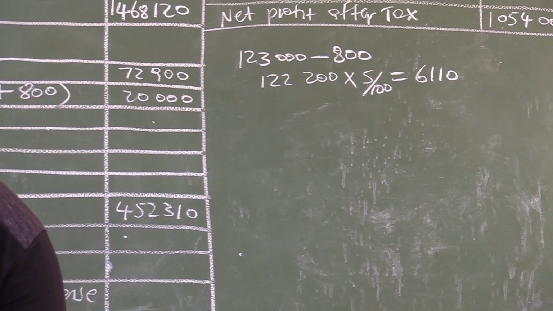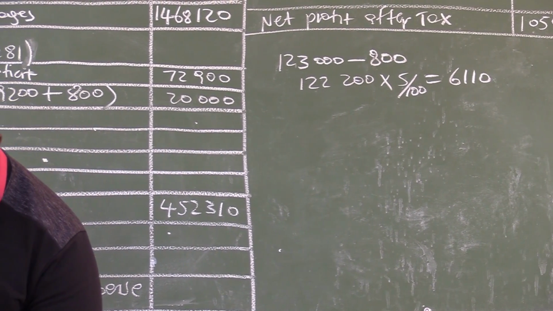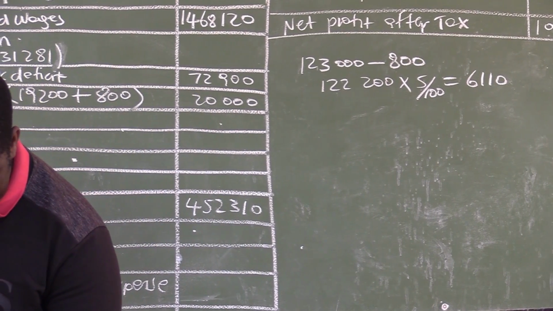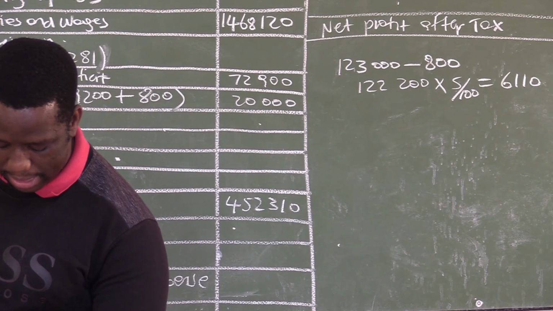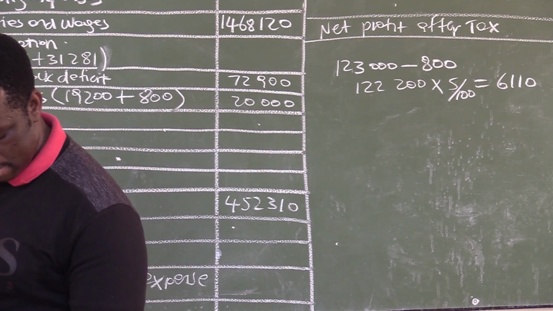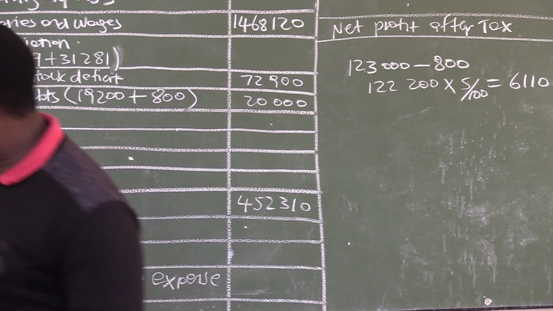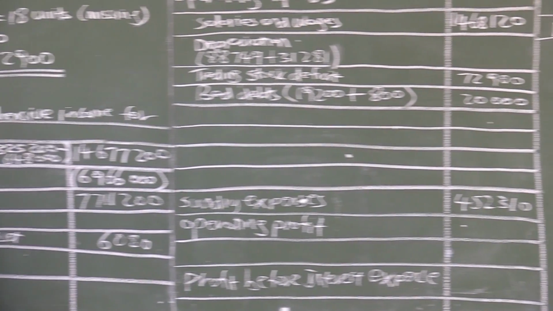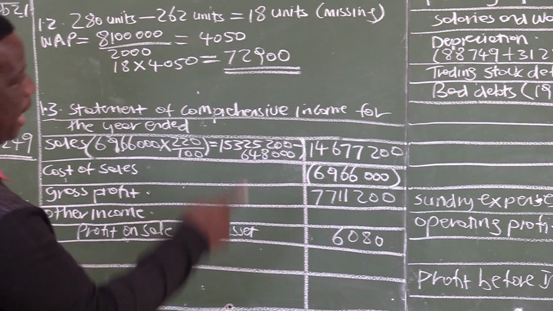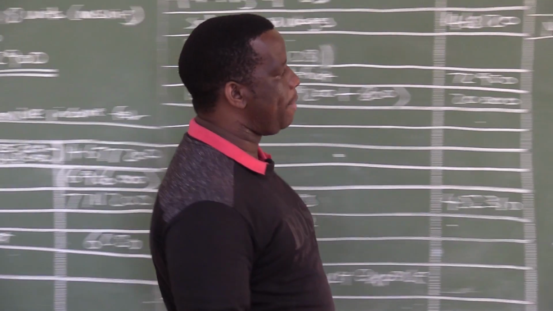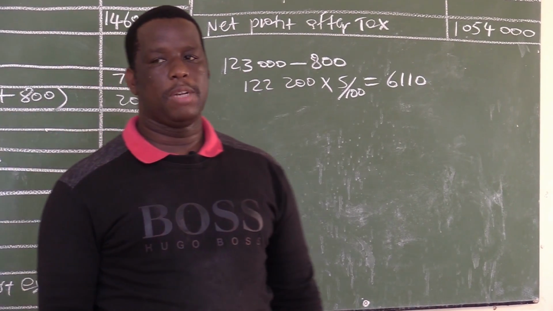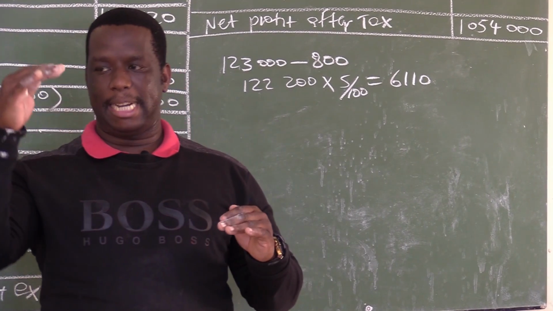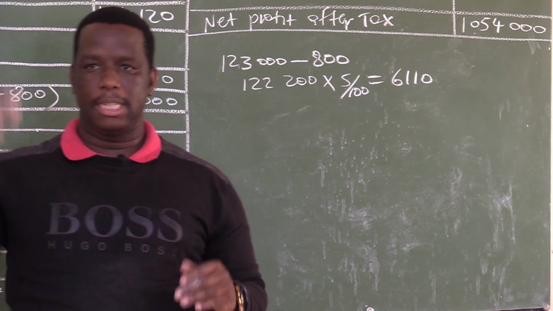So let's look at the current provision for bad debts. The provision for bad debts at the beginning was 7,030. If the provision at the end is 6,110, you can either be decreasing it or increasing it.